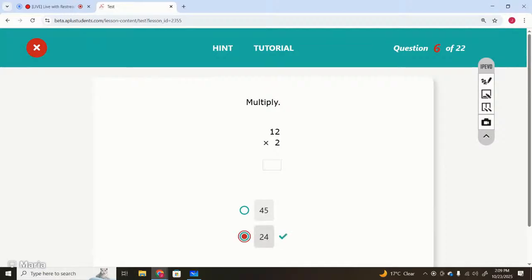Option number 2 is the correct option. 22 times 2 makes that is 44.